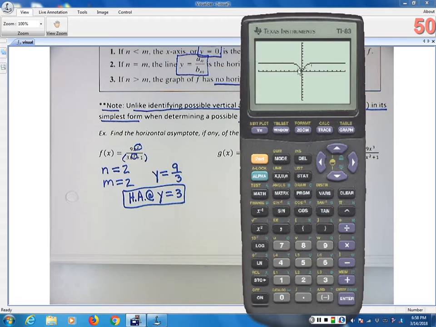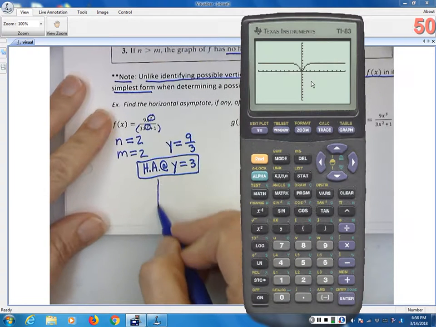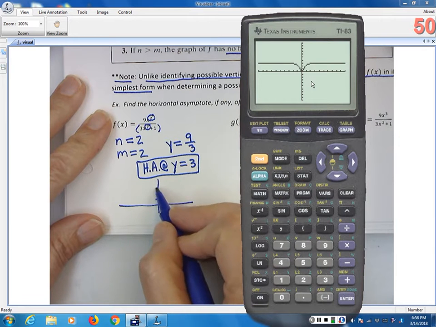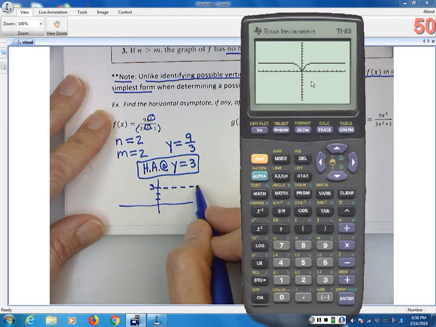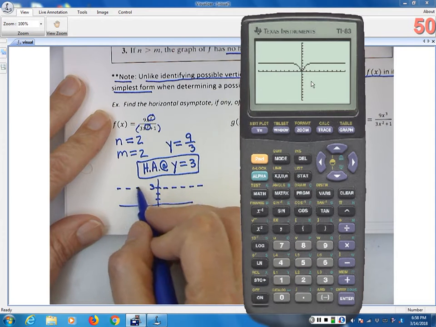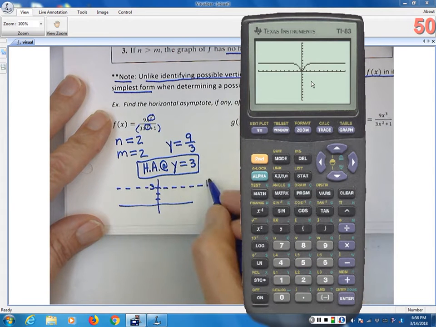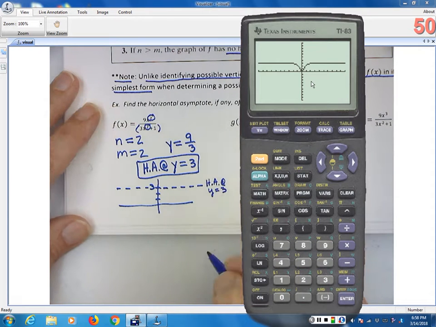This is what that graph looks like. So, if you were to draw that graph, 1, 2, 3, you put a 3 here, you draw a dashed line for your horizontal asymptote, and you would label it HA at y equals 3.